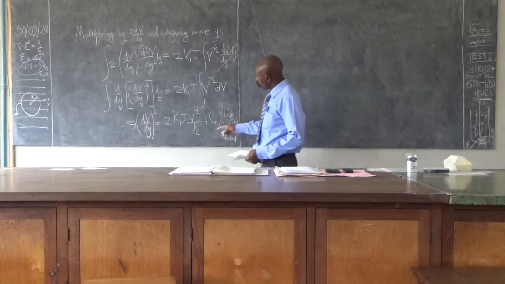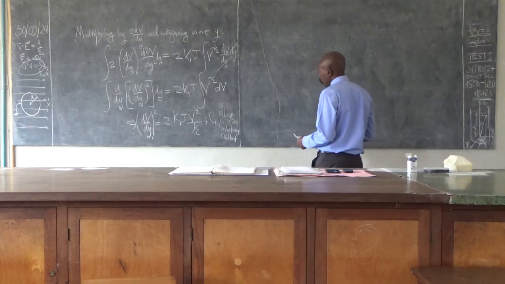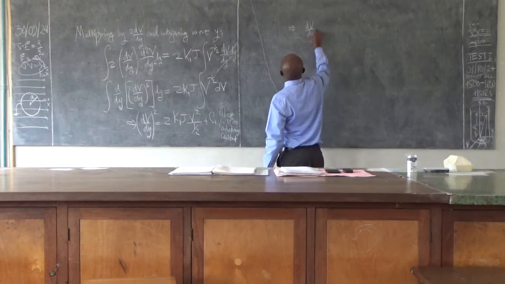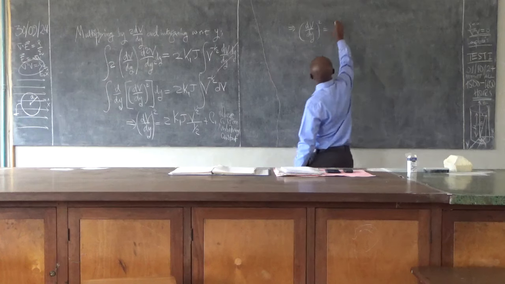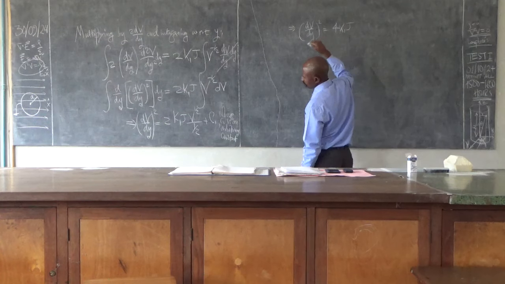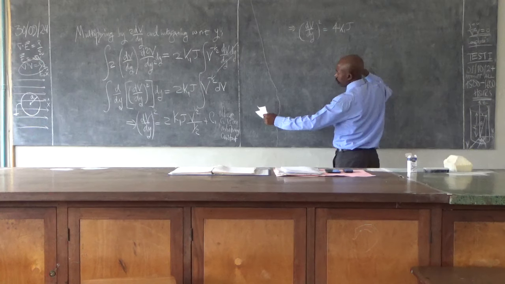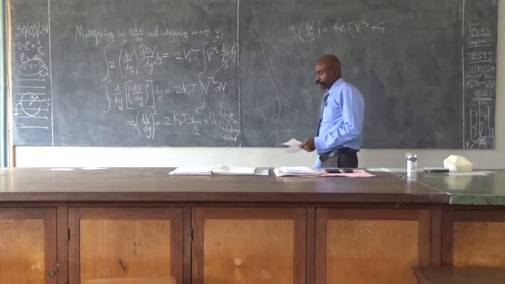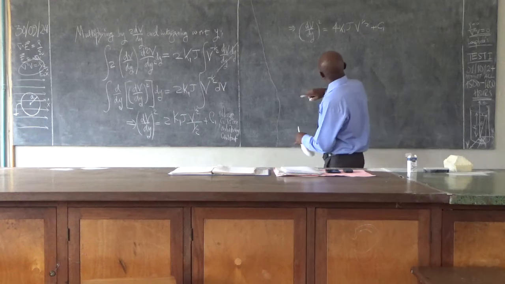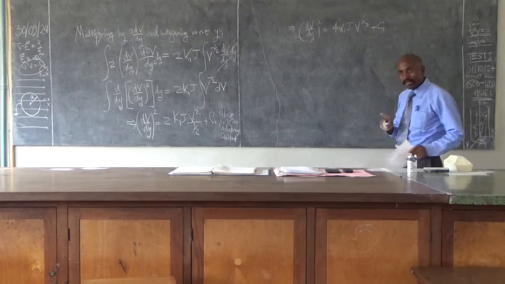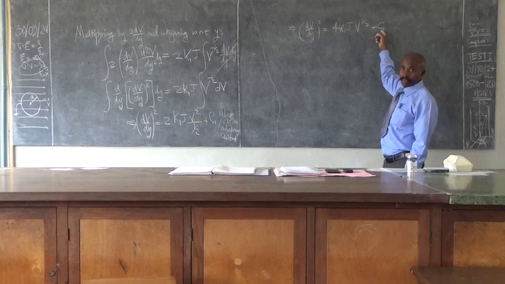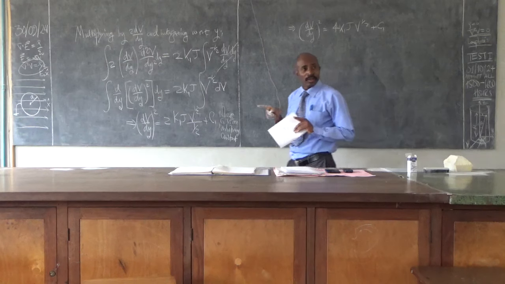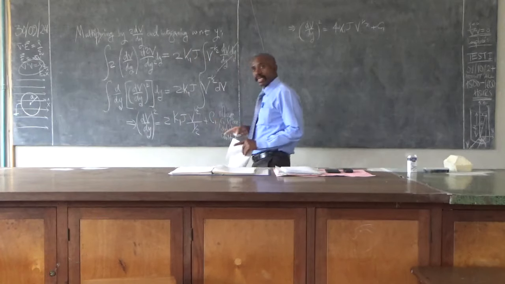So this would be 4, which implies that dV dy squared equals 4 K1 J times V to the half plus C1. We had a constant of integration, and whenever we have a constant of integration, we run into boundary conditions.